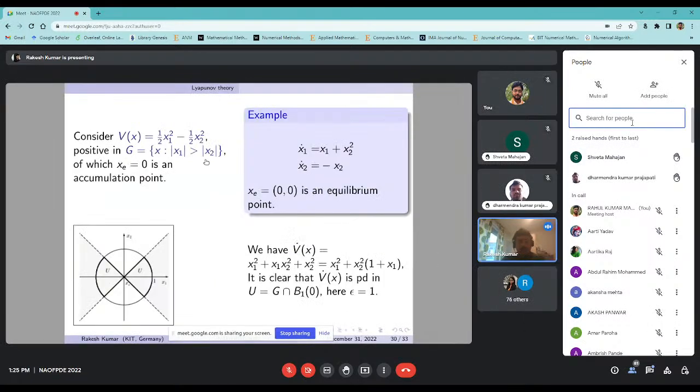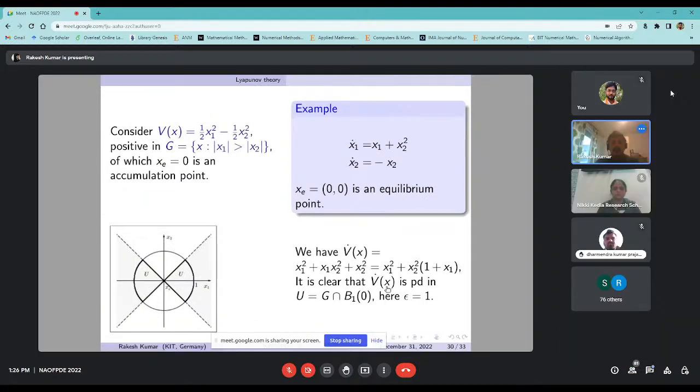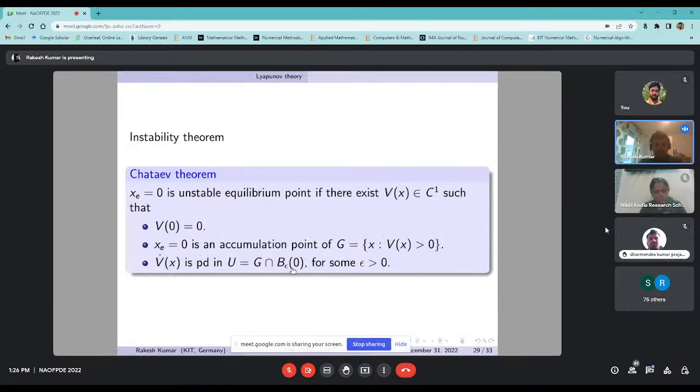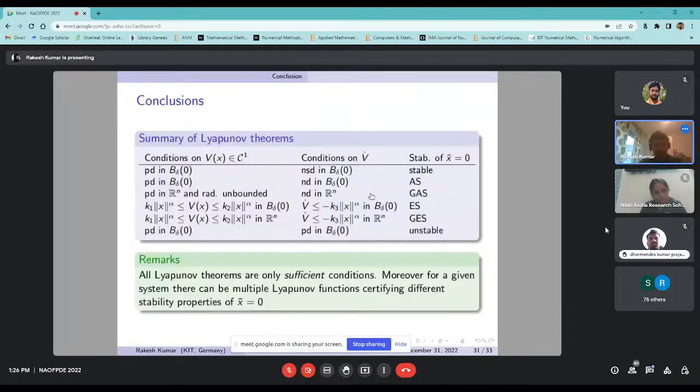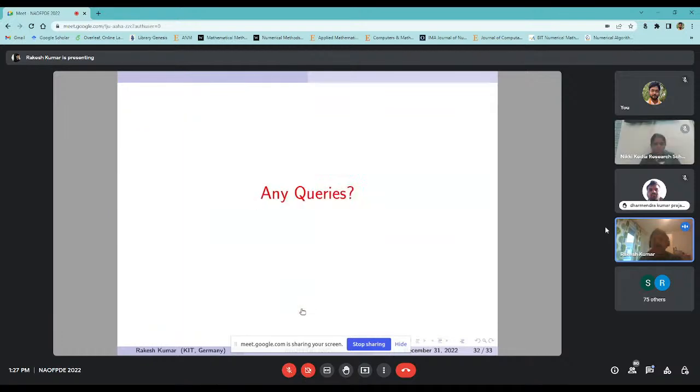If we take V(x) greater than 0, then you will find the derivative of the Lyapunov function is greater than 0. So these are the conclusions. If in a delta neighborhood it is negative semi-definite, then 0 is only stable, and it is not a necessary condition. Any queries?